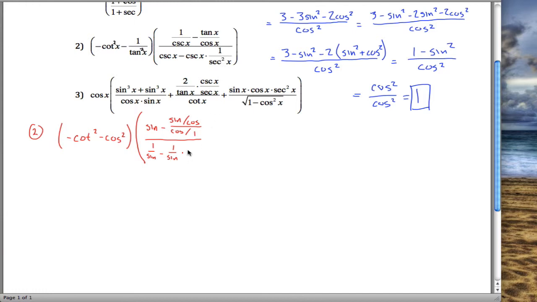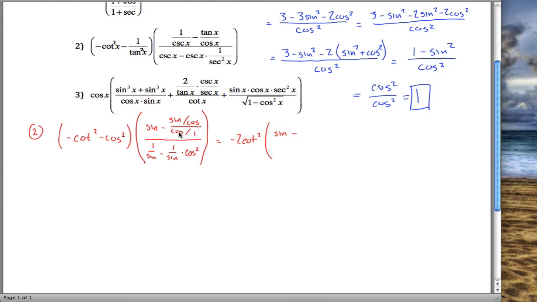Secant squared is the same as cosine squared. So we get to here. And then if you have a negative cotangent squared and you subtract another one, you got negative 2 cotangent squareds. And then we want to multiply that by, okay, so I'll leave this sign alone.